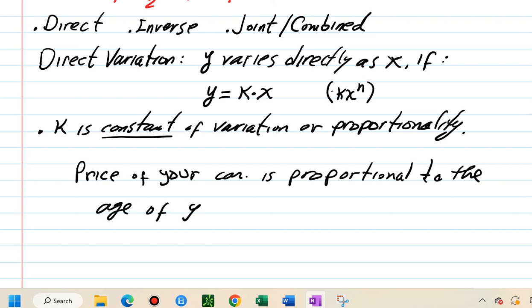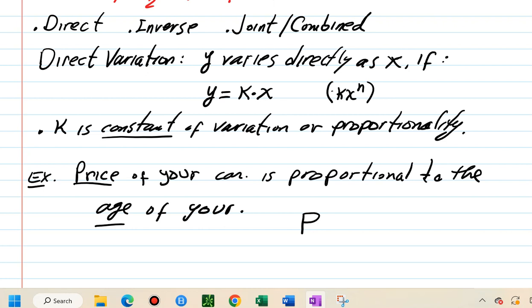Okay, so in this example, price is proportional to age. So I have two variables, and this is how we can say it. Because it's age that determines the price, not the other way around. Price doesn't determine the age of a car, but age does determine the price of a car.